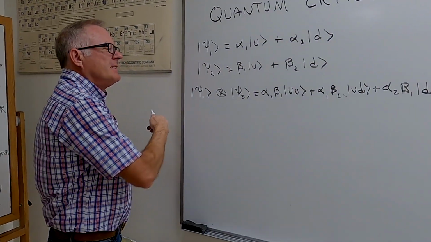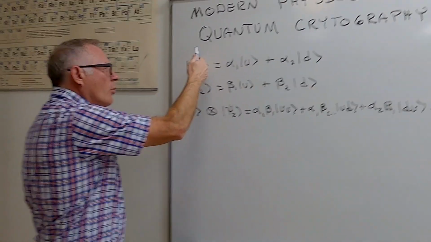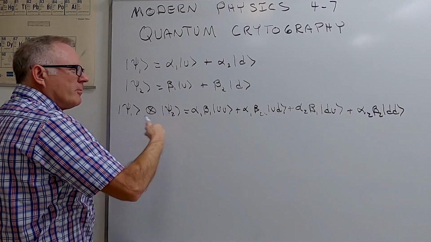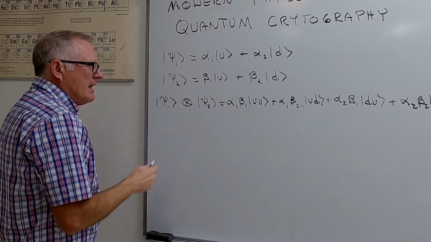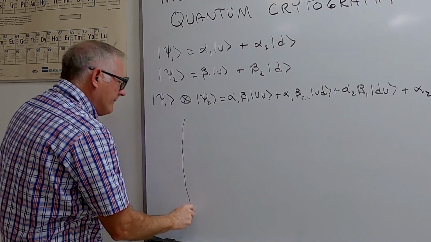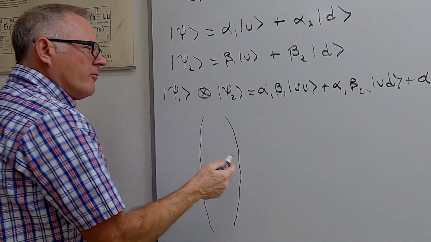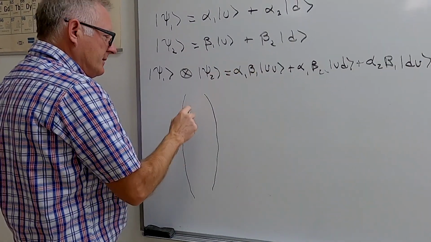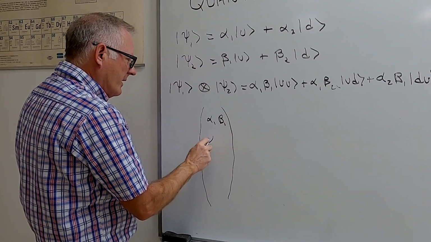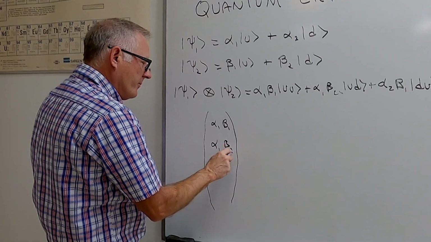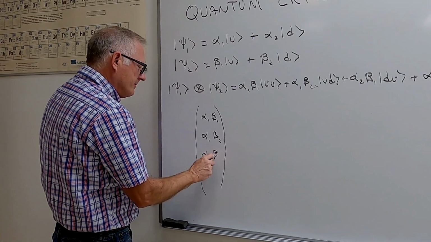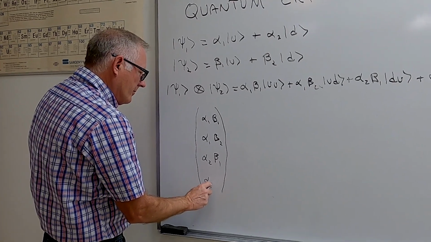Okay, so we said these were all just two-dimensional, but now when you tensor multiply, it became four-dimensional. If I were to write this column vector out right here, the four elements would have been alpha 1, beta 1, alpha 1, beta 2, alpha 2, beta 1, and alpha 2, beta 2.